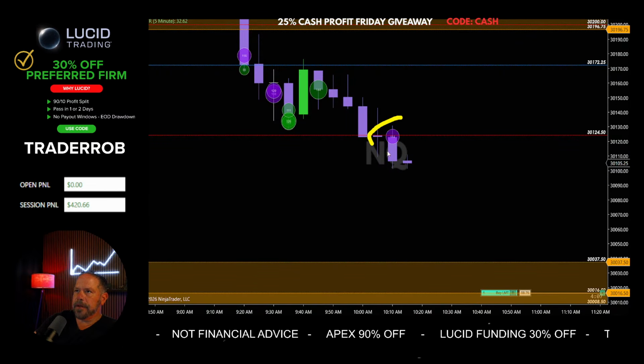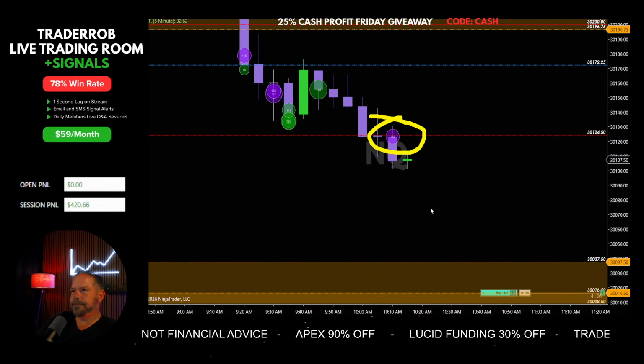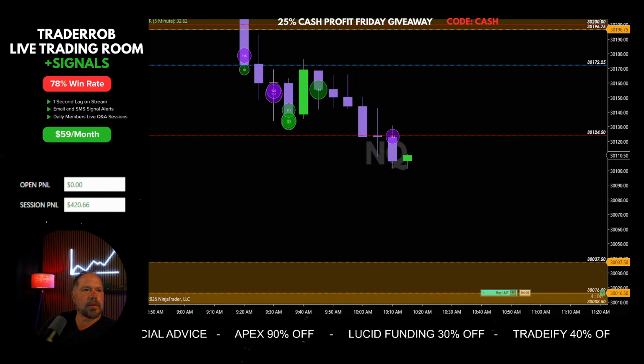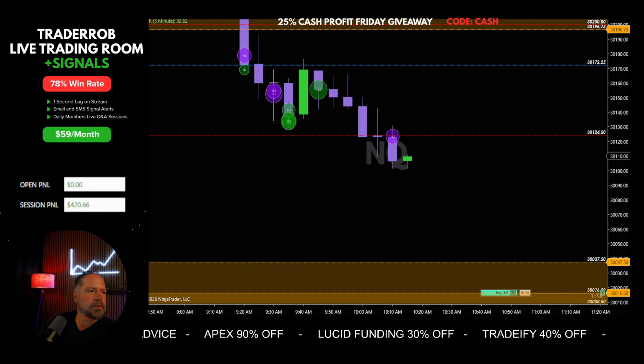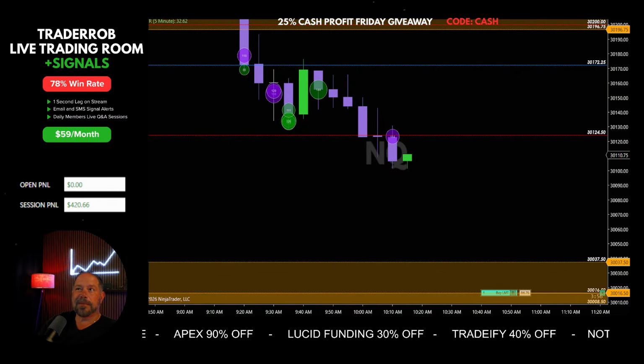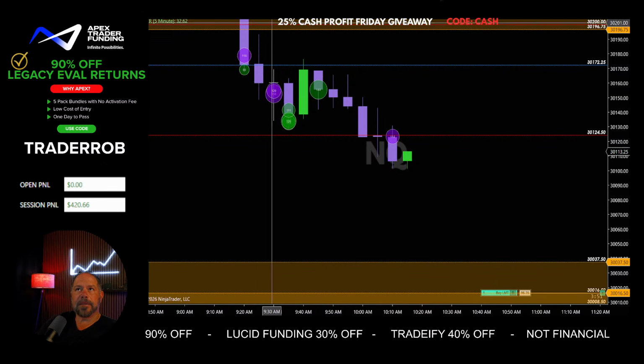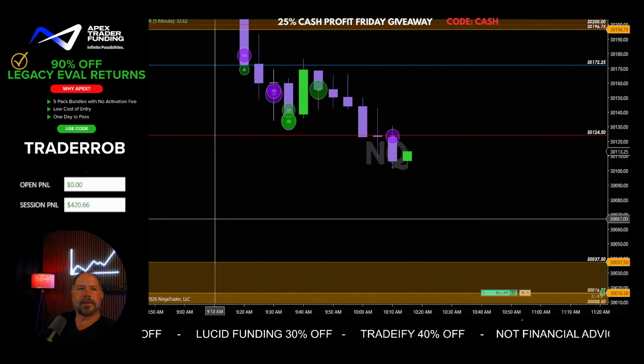And that's a good little sign right there from sellers. Nothing's really been impulsive today, besides this little chunk up here that I have labeled, that I have blocked out.